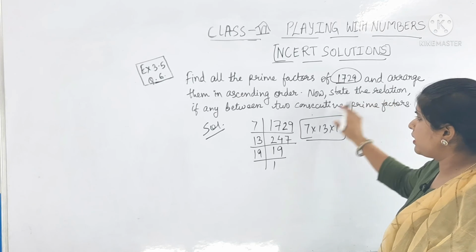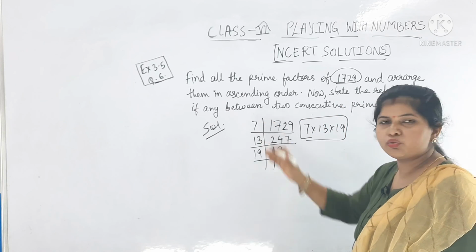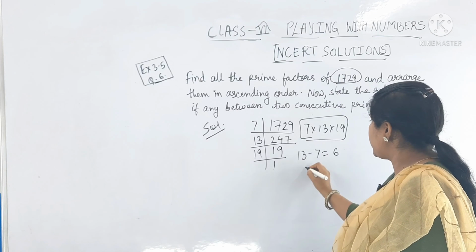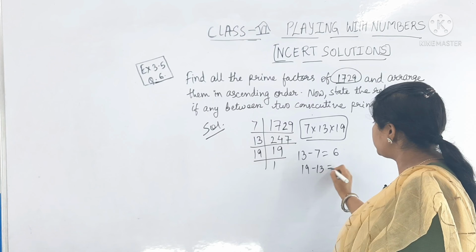Okay students, so we have to state the relation between these prime numbers. 13 minus 7, you can see that it is 6, and 19 minus 13 is equal to 6.